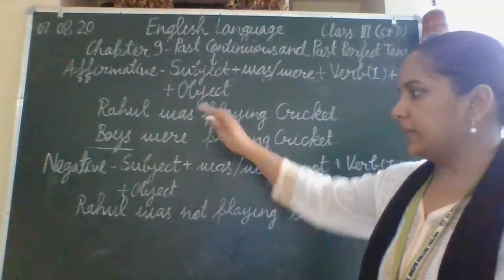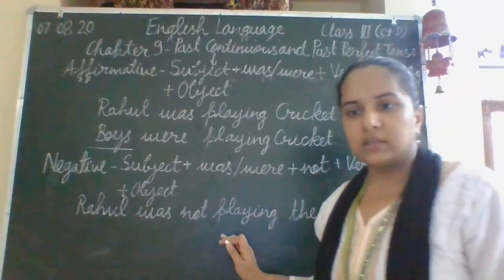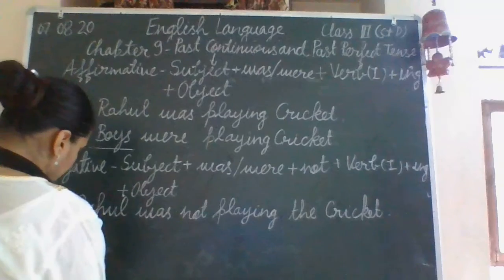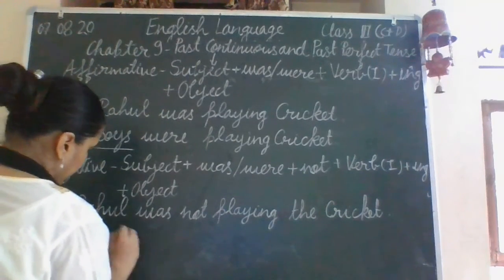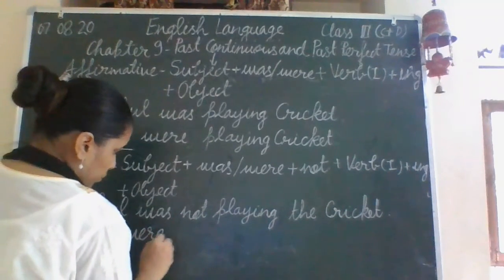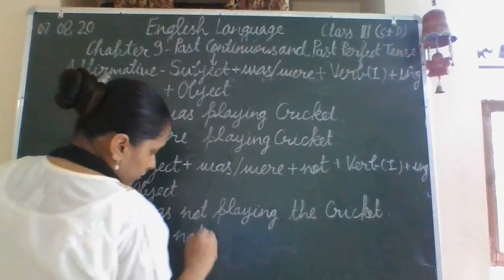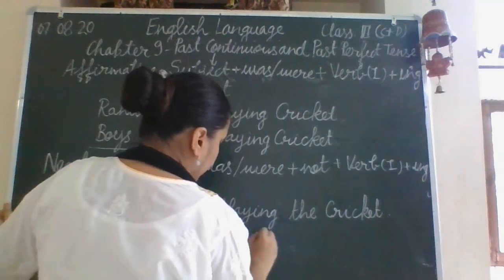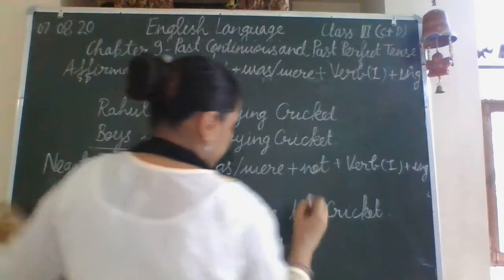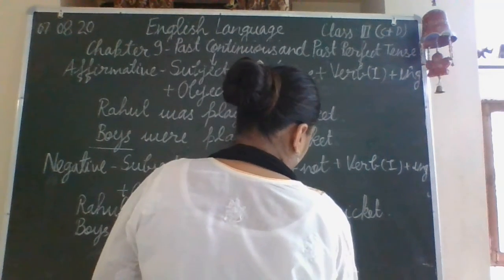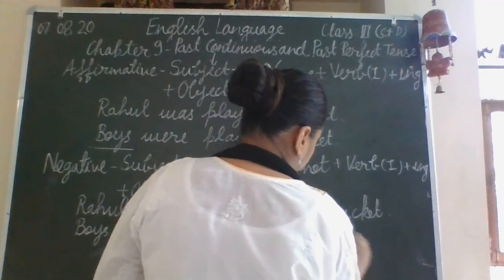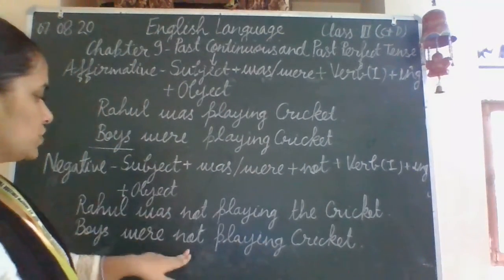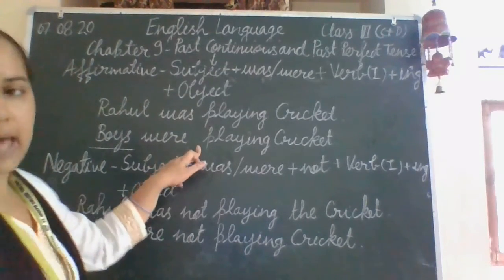So this is the affirmative and this is the negative sentence. Let's take the same example. Boys were not playing cricket. Here again, what we have done is we just put the word not here, which is absent here.